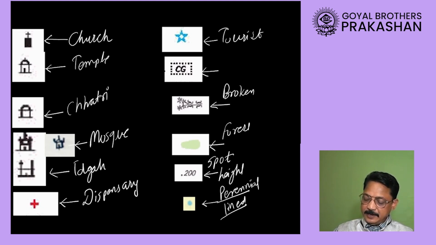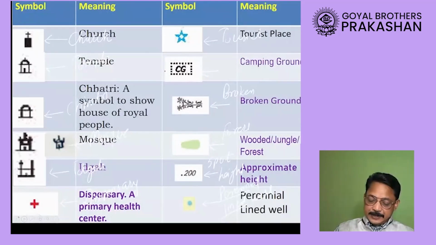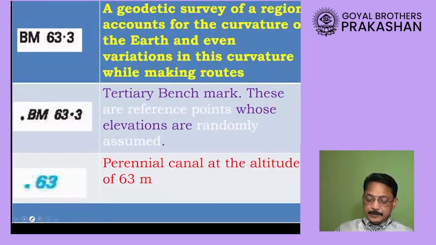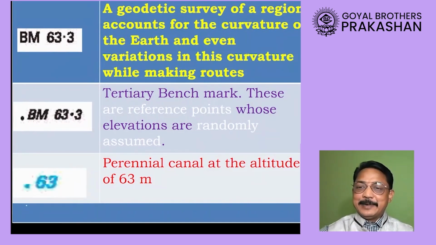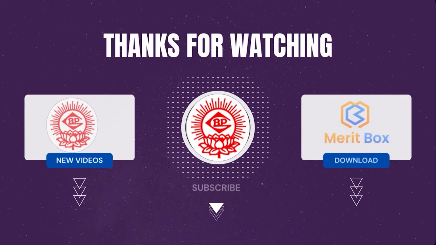Okay, dear students, so you can see these symbols as I was explaining to you, Idgah and all of them. So dear students, you do not have to worry. As I said, I will be explaining all of them step by step.